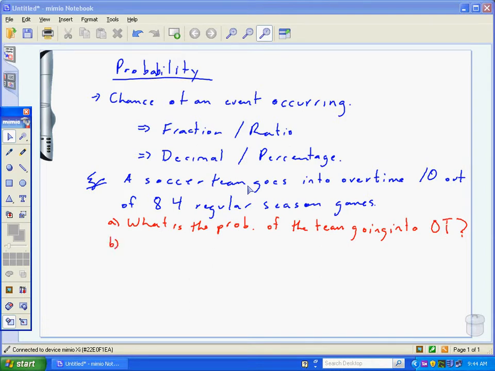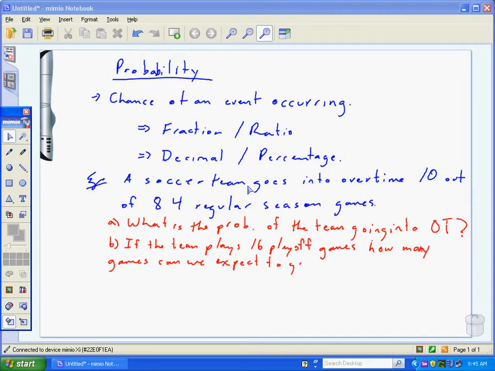B, if the team plays 16 playoff games, what, I guess not what, but how many games can we expect to go into overtime?